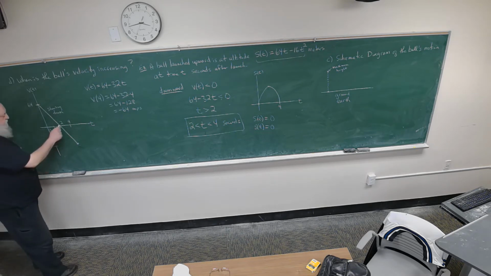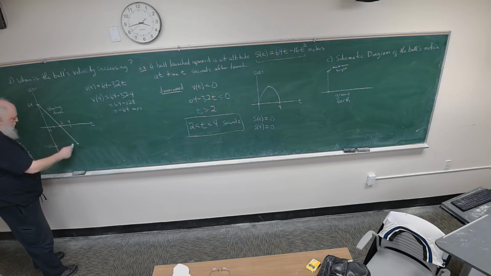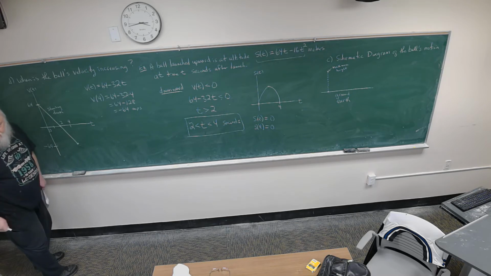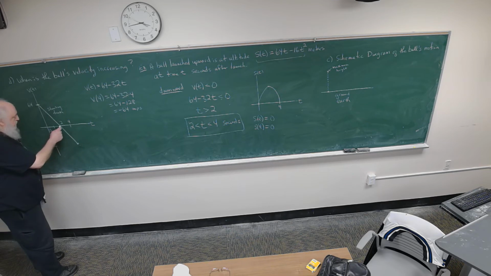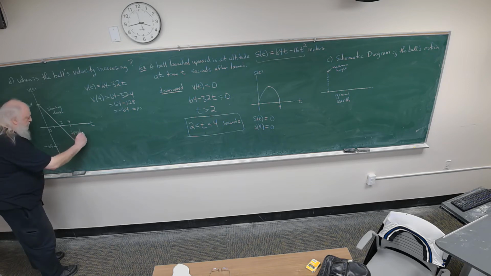From t equals 2 to t equals 4, the velocity goes from 0 to minus 64 meters per second. Now remember, the sign of the velocity just tells you the direction the ball's going, right? So from t equals 2 to t equals 4, the velocity goes from 0 to minus 64 meters per second, and so the ball is speeding up.